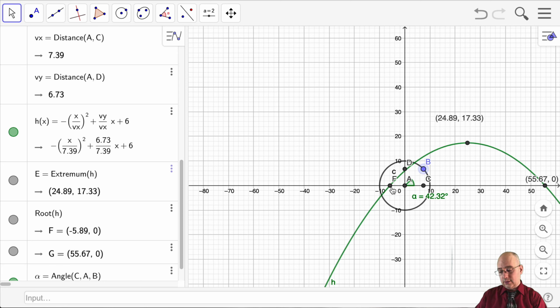You put that in there, and you look at whatever you want to vary and play around with it.